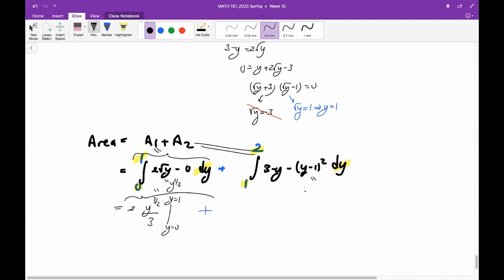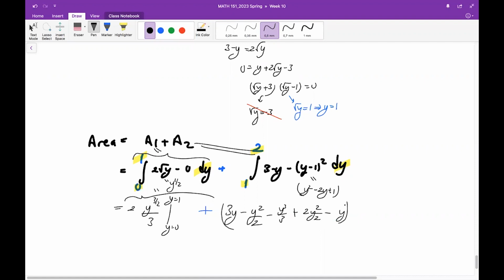You first expand the square: y squared minus 2y plus 1. And here it goes. 3y is the integral of 3, minus y squared over 2, the integral of the second expression. Then minus, add 1 to the power, divide by the same power, and minus y.